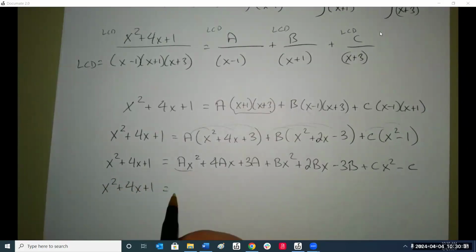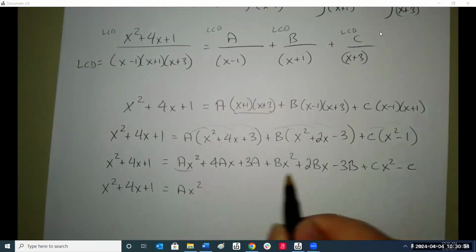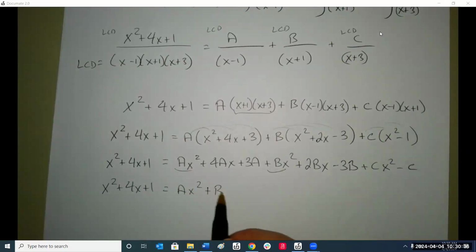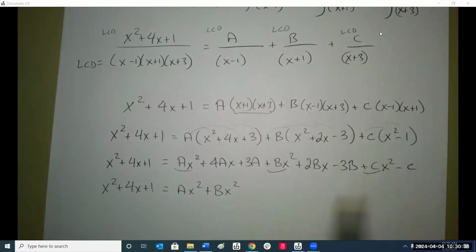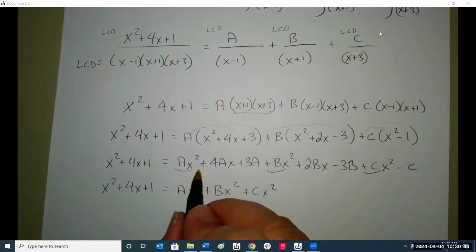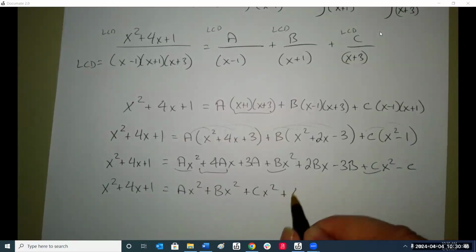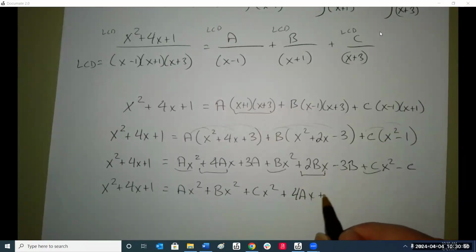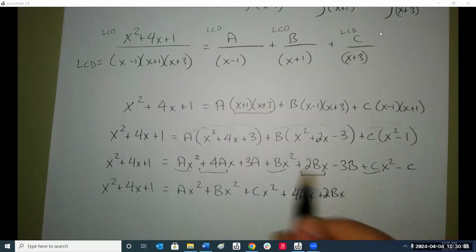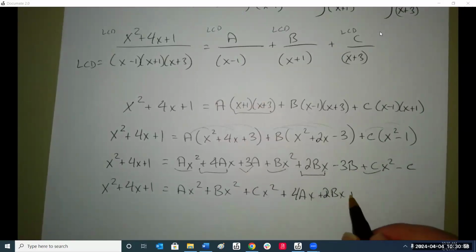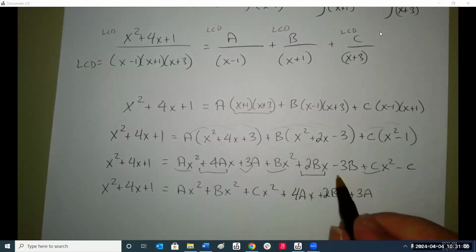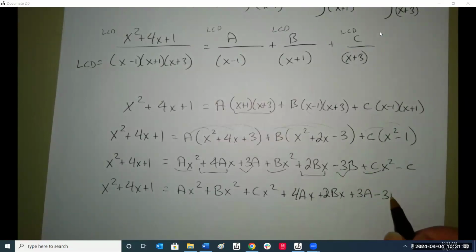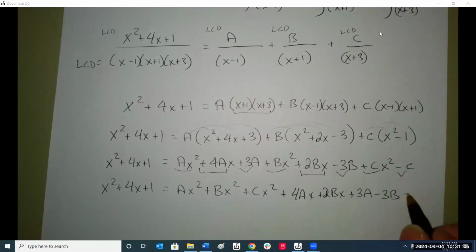Now group them. So we have the ax squared, bx squared, cx squared, plus 4ax, 2bx, there's no c, plus 3a minus 3b minus c.